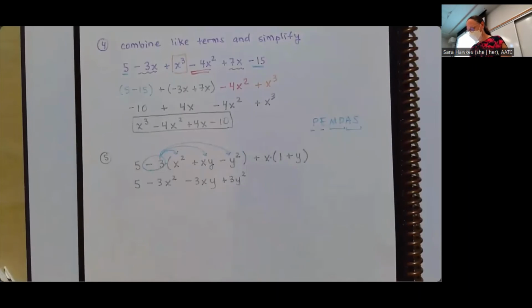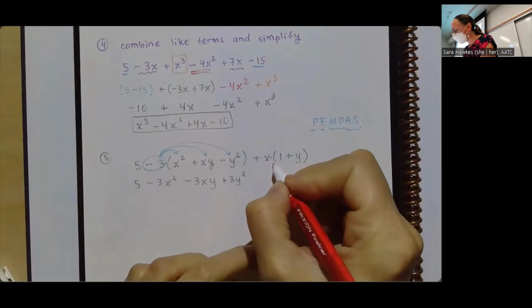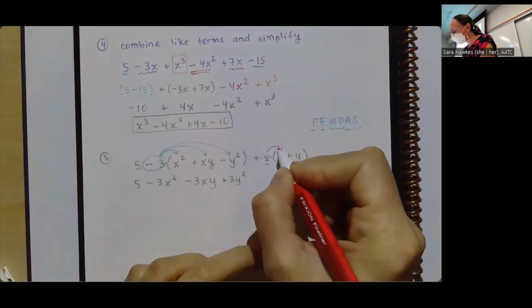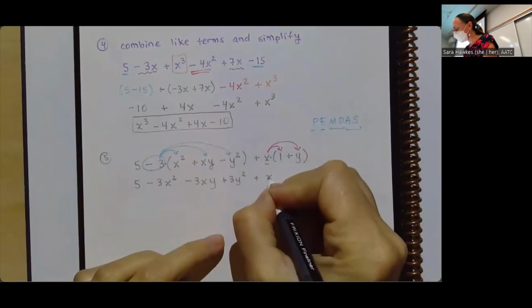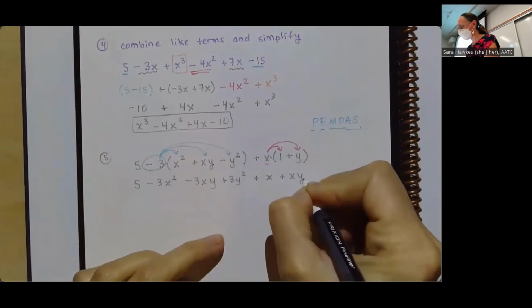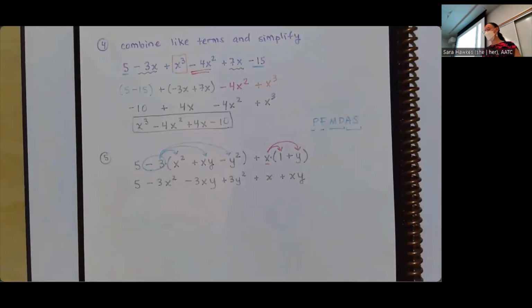And now I can take my x and distribute that x in. So I'll have x times 1 and x times y. Plus x and plus xy. Now I'm looking to see if there is anything that has like terms in this. And again, like terms meaning that I've got the same letters raised to the same powers.